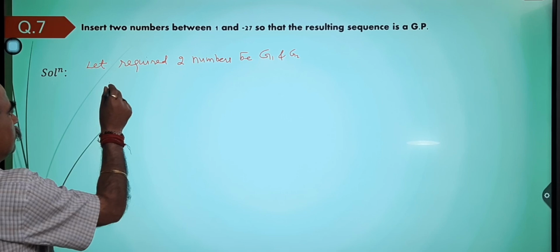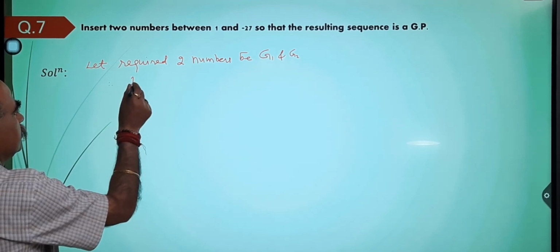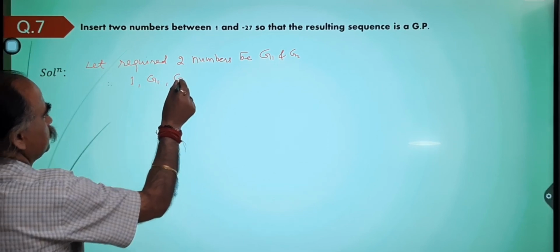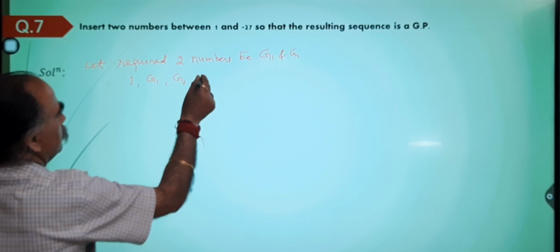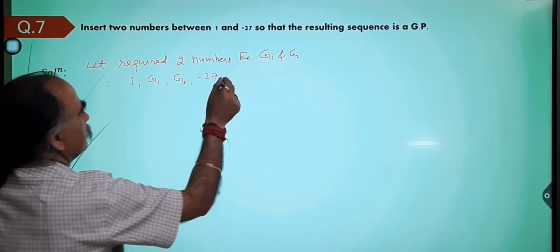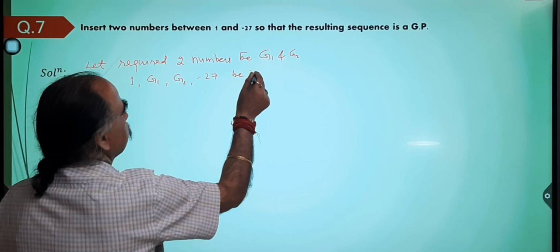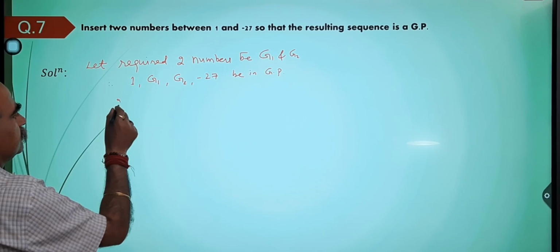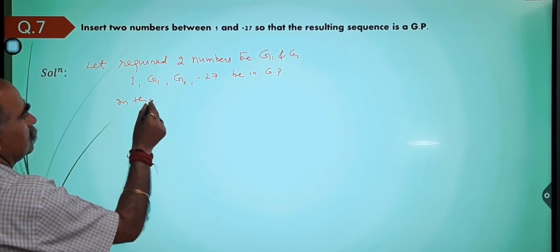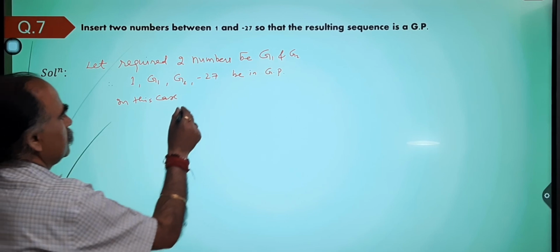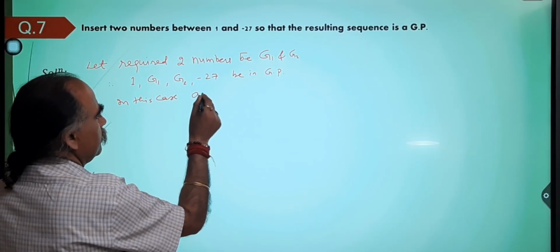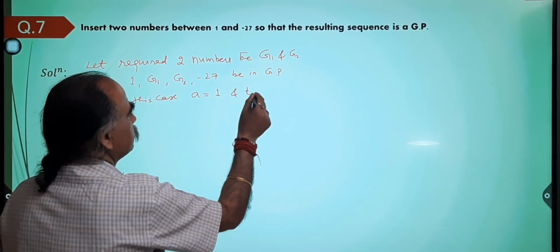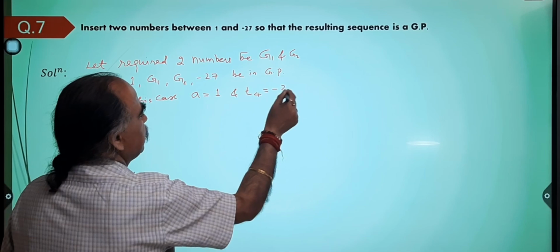Therefore, 1, G1, G2, minus 27 be in GP. In this case, first term A is 1 and fourth term is minus 27.